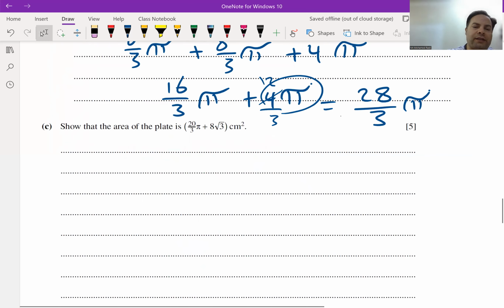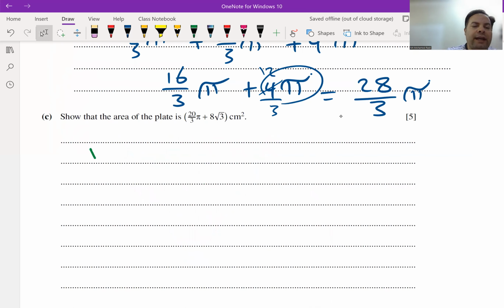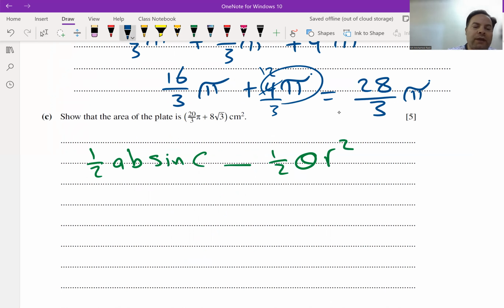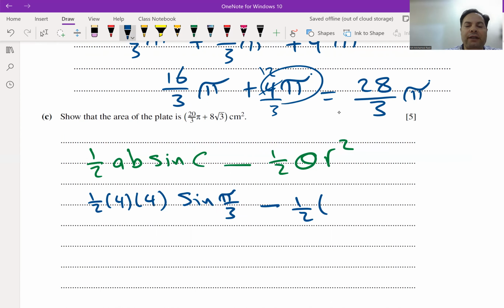The first step: half AB sine C is the area of triangle, minus half theta r squared, which is the area of sector. So half times 4 times 4 times sine of the included angle, which is pi over 3, minus half theta, in radians pi over 3, and r squared, which is 4 to the power of 2.